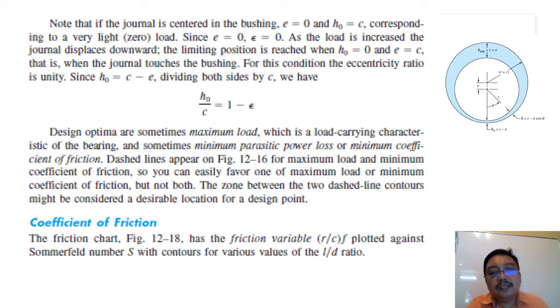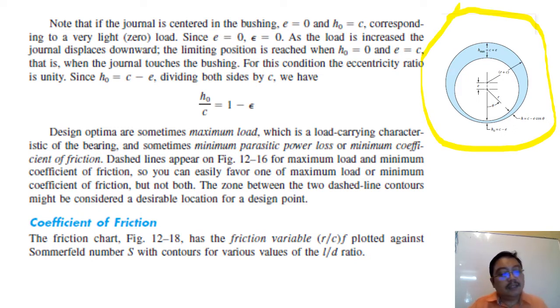Note that if the journal is centered in the bushing, eccentricity becomes 0 and h naught becomes c. Okay, you see in figure 12.30 here. Imagine the journal is perfectly at the center of the bushing. No eccentricity, meaning no variation between the center line of the journal and the center position of the bearing.